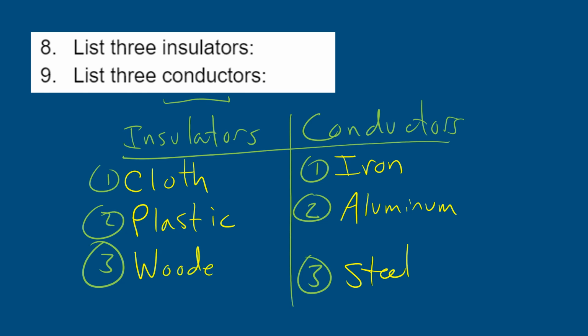So wood is another insulator. Guys, you can always go back to your kitchen as your first science lab. Kitchens are science labs if you think about it. So these are some conductors and these are some insulators. Make sure you turn this information into complete sentences to answer your study guide appropriately.